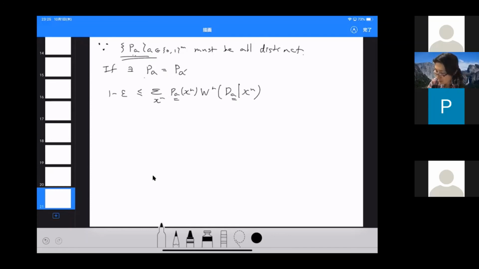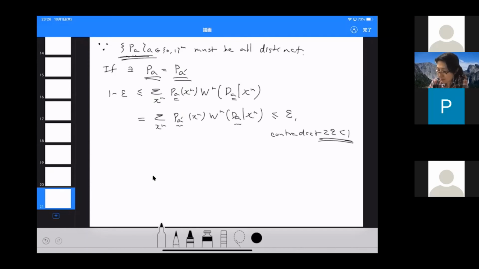But this distribution coincides with P of A prime, so here A and A prime are different. So by the second error requirement, this probability must be smaller than epsilon. So this contradicts this assumption.